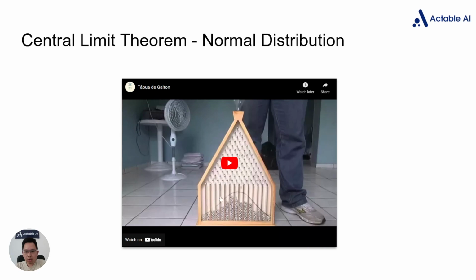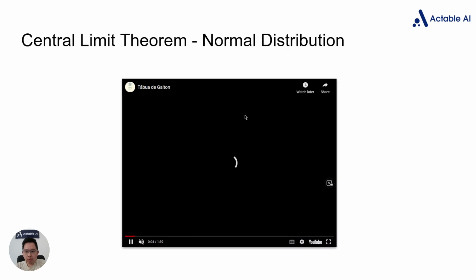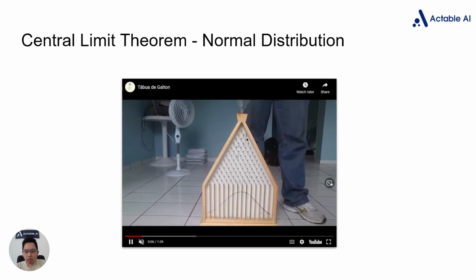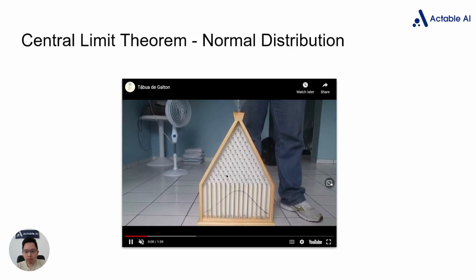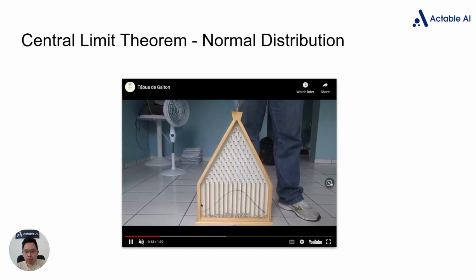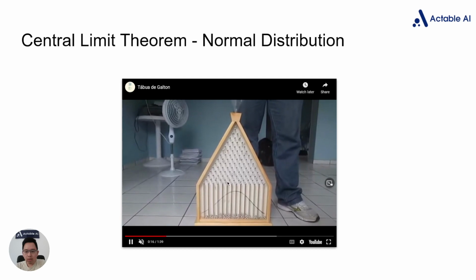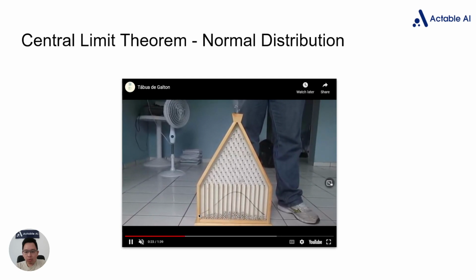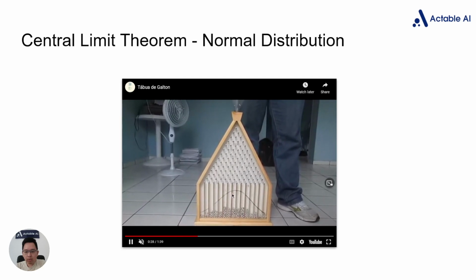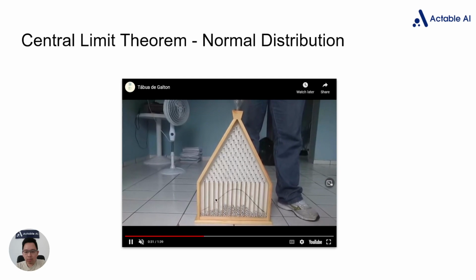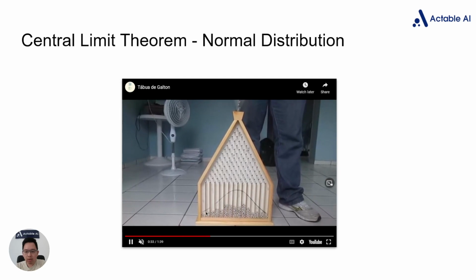You have different slots here, and then you drop a lot of small balls into this machine, and the balls are randomly distributed in different slots. After a while, when enough balls are dropped, we will see that the balls distribute in this bell curve shape.